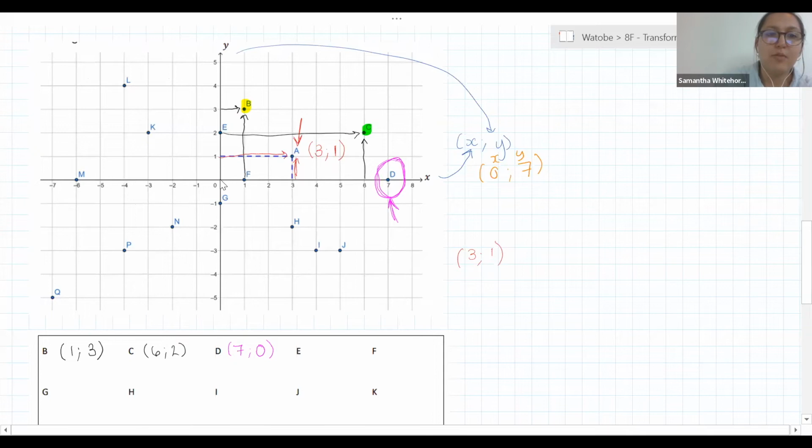So that would now be at X is 0 and somewhere at Y is equal to 7 up here. So that would now sit on the Y axis, not on the X axis like D is. Okay, good. Right, so guys, that's why I said it's so important that we put our coordinates in the correct order. If they aren't in the correct order, then we have this problem of working with the incorrect coordinate, which we don't want to do.